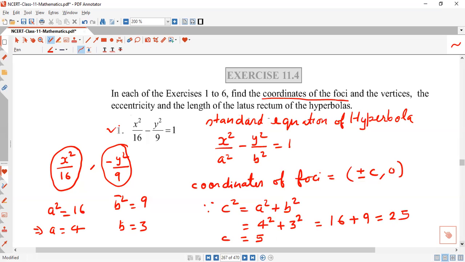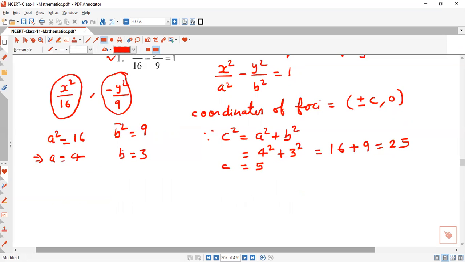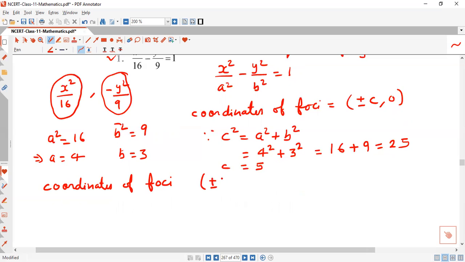The value of c is 5. It means the coordinates of foci, there are two foci, that's why we use the word foci, will be plus minus 5 comma 0.